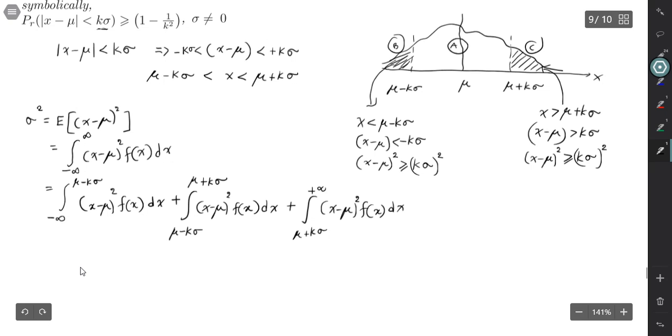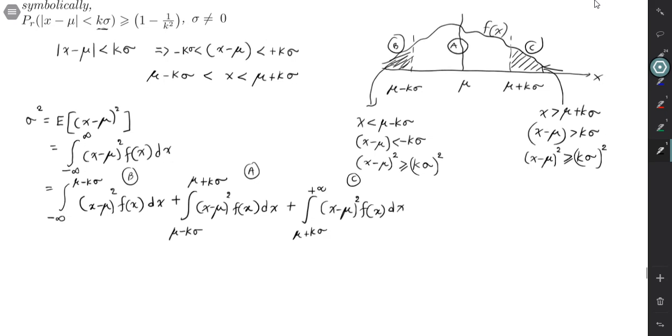Now we have written negative infinity up to plus infinity of this function f(x), splitting into three parts. So this is for B, this is for A, this is for C.